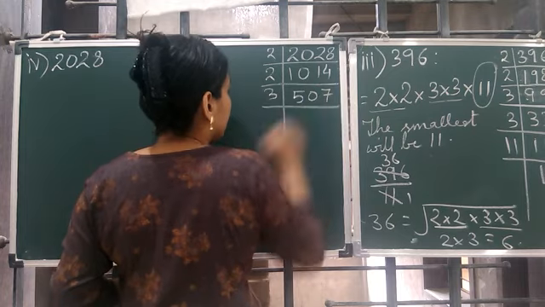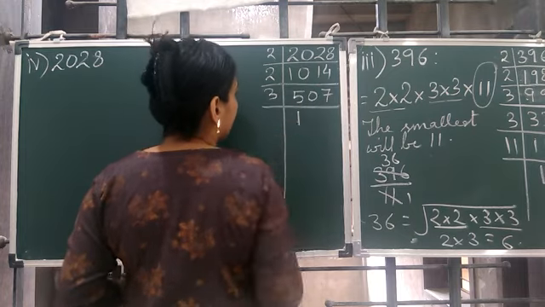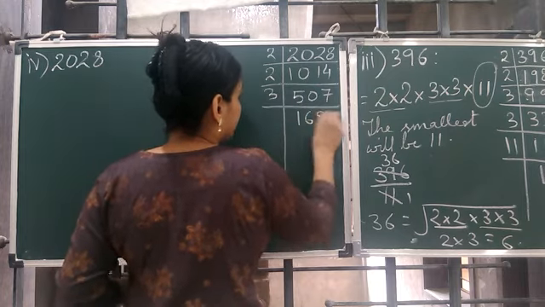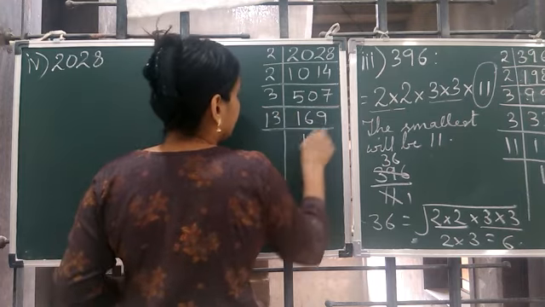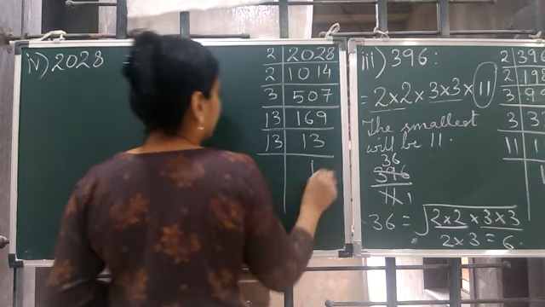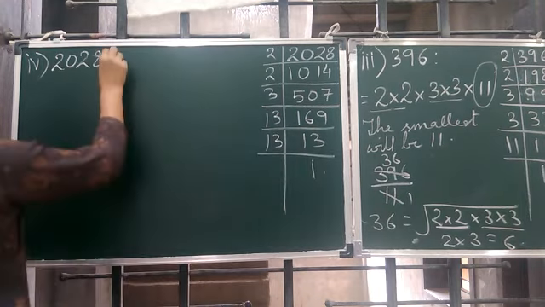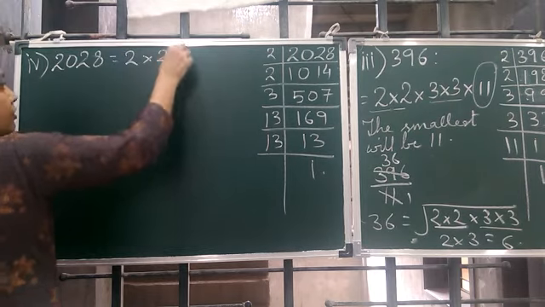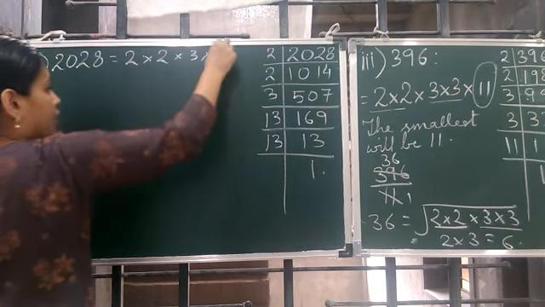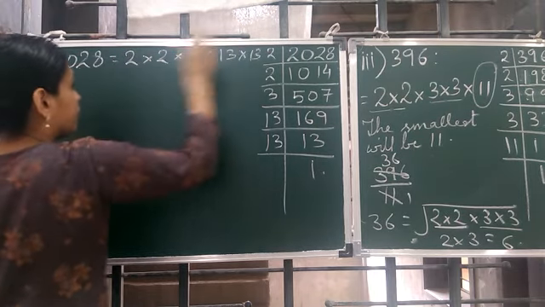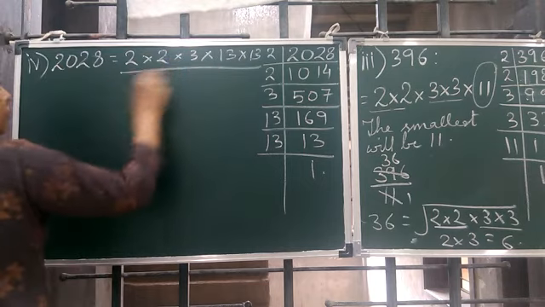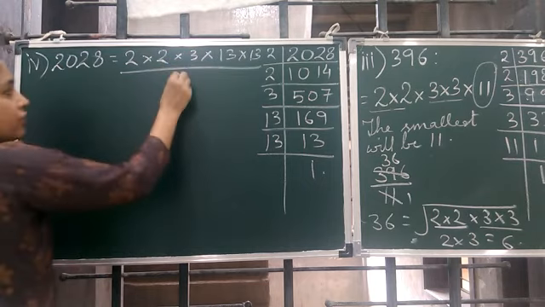2 by 3. 3 ones are 3. 6 are 18. 9 are 13. 13s are 13 ones are. Let's make the pairs. So you can see what is not having a pair? 3 is not having a pair.